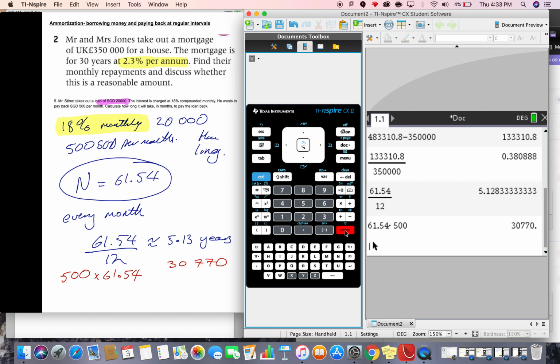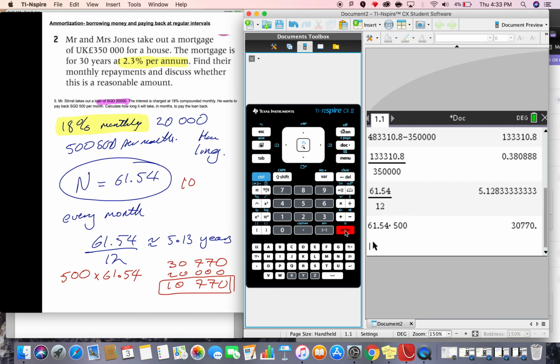Now, the loan amount was only 20,000, so we're actually paying back 10,770 extra. That seems quite a lot. So over 5 years, we're paying back 10,000 extra on top of the 20,000. Wow. So we're paying back 10,000 interest.